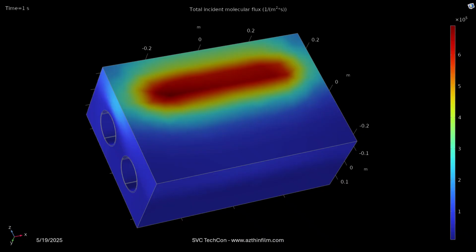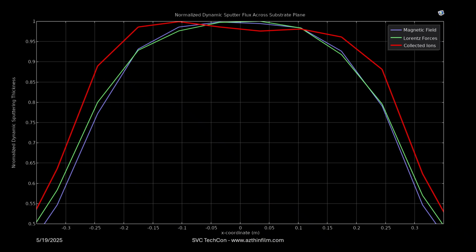So if I take that ion intensity and run it through the same molecular flow simulation and do the deposition onto the surface of the substrate, and then of course integrate that to a single edge for our moving substrate material, we can see the red plot, which is the collected ions, and how that compares to the magnetic field in blue and the Lorentz forces in green.